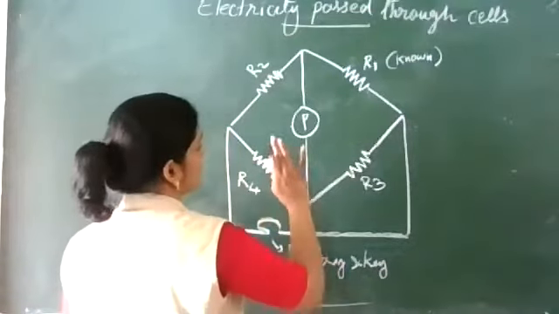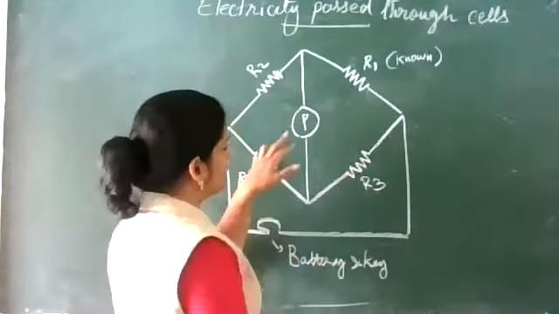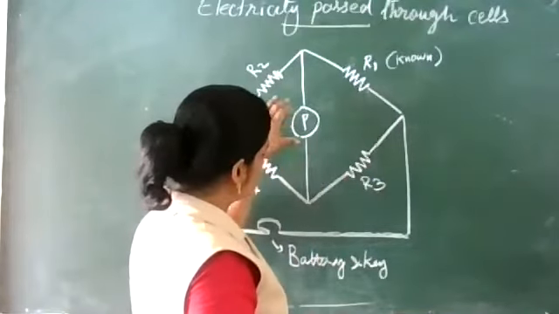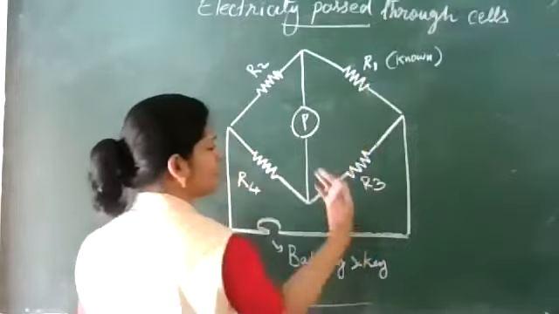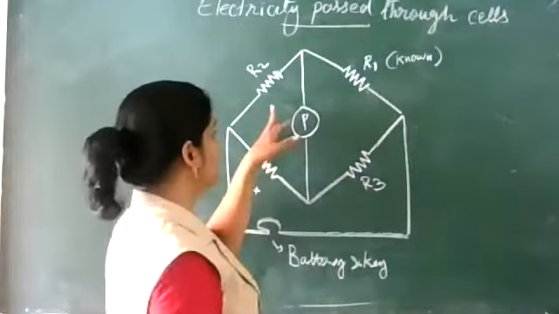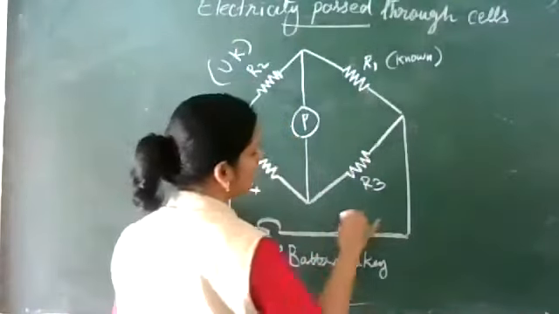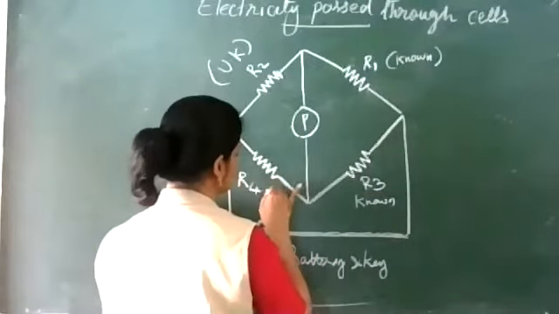So, when this reads 0, accordingly you can add resistance to make it read 0. To get a reading 0 in this galvanometer, you can adjust R1, R3 and R4. R2 is the unknown resistance. These are known resistances.